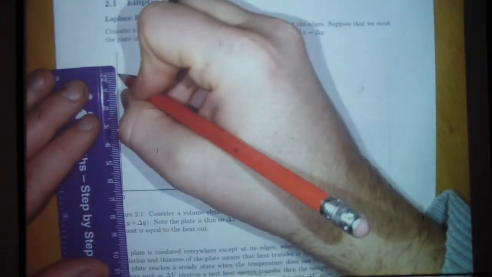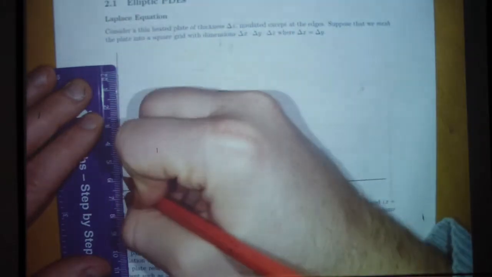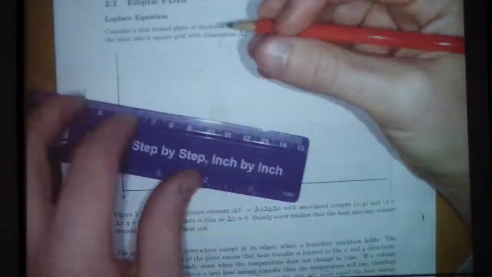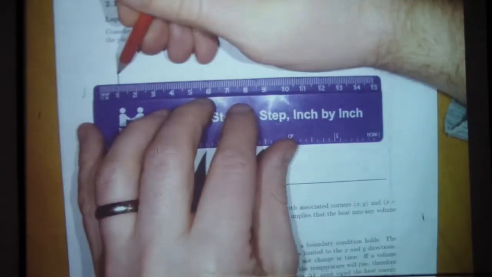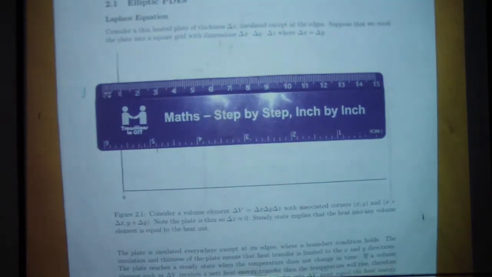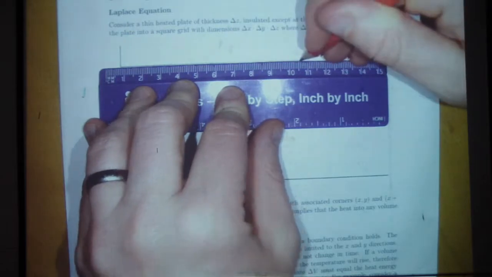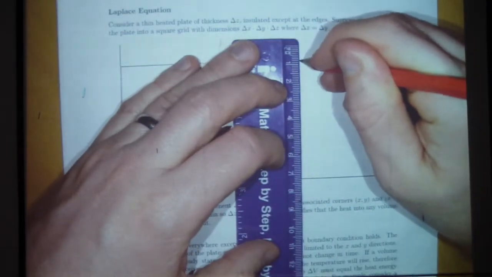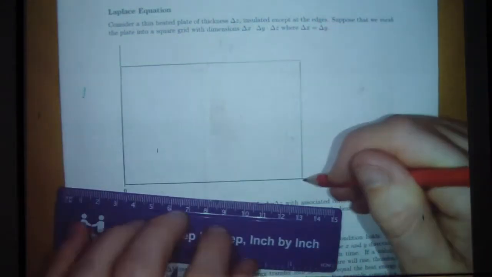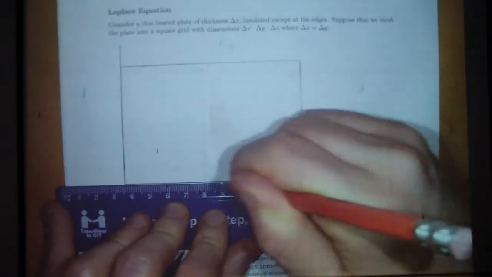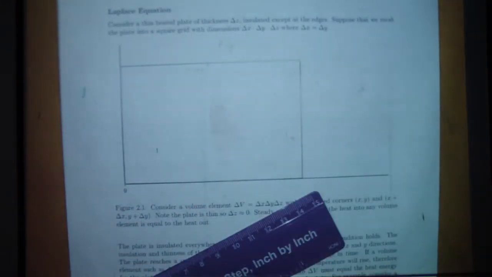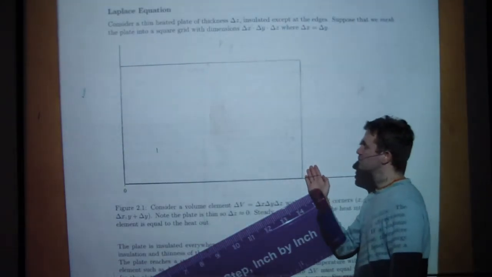So to describe a point in the plate, well, I suppose the plate is actually three-dimensional, but we're going to make the assumption that it's very, very thin. And what that means is, if the plate is thin, there isn't much temperature difference.